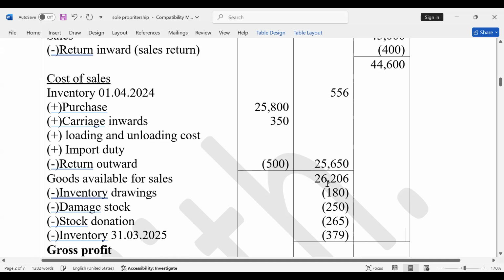Then deduct damaged stock, donation, drawings, and closing stock. If those adjustments are available, they should be deducted under cost of sales calculation. Therefore, cost of sales can be calculated: opening stock plus purchase plus carriage inwards.